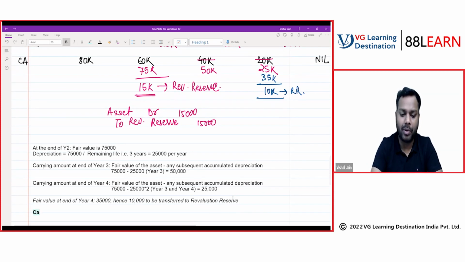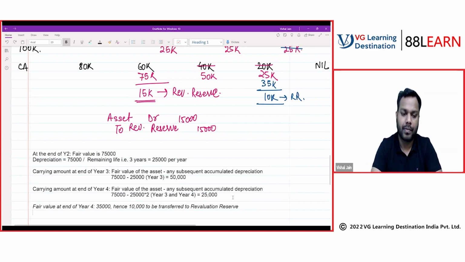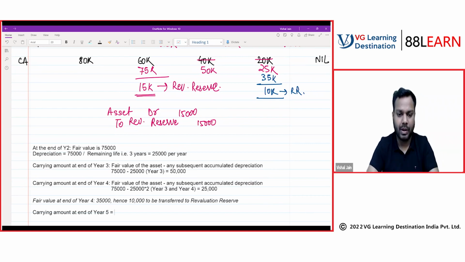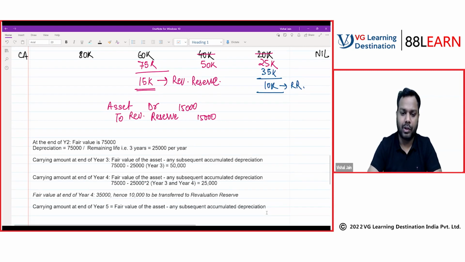Now again, carrying amount at end of year 5. Again the same thing you will write: fair value of the asset minus any subsequent accumulated depreciation. So what is the fair value of the asset?